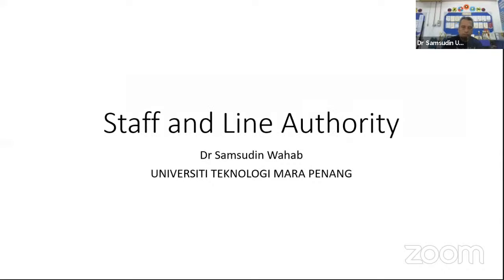From this slide, you can see we understand the meaning of staff. In most organizations, staff normally refers to the clerical staff, the support staff. That is the meaning of staff.